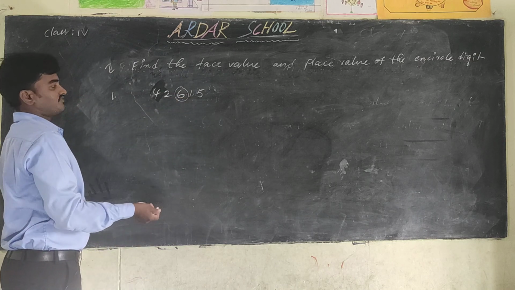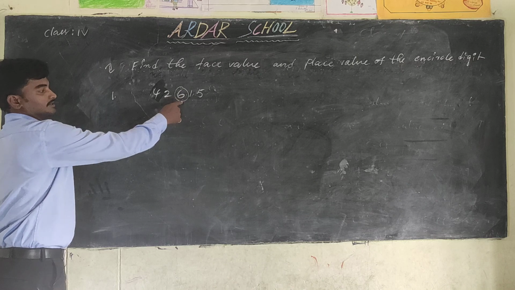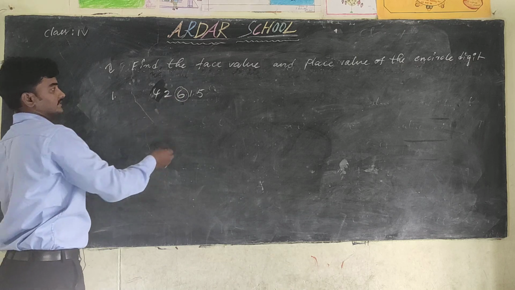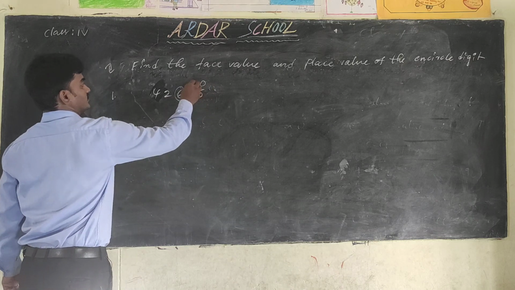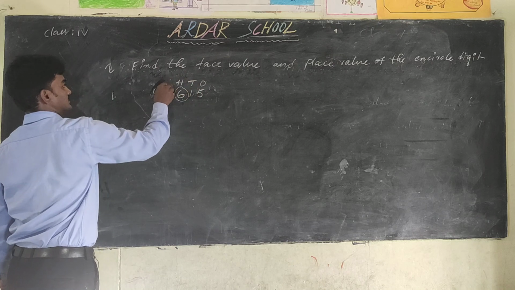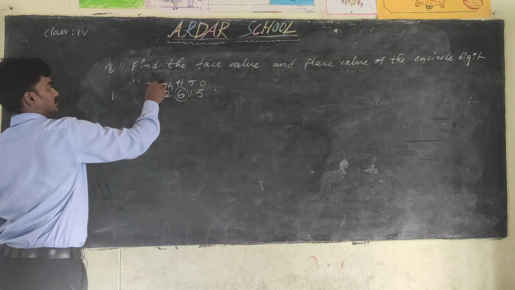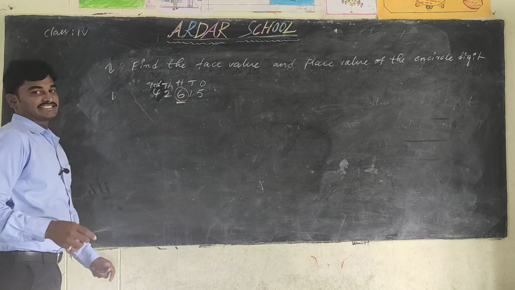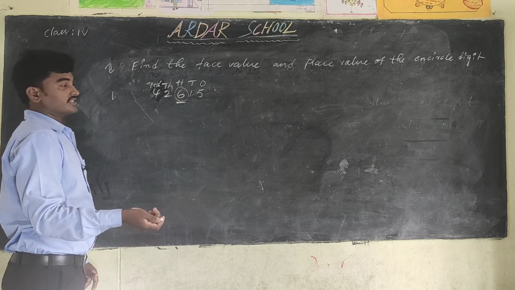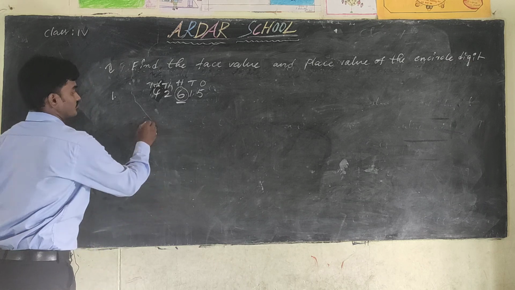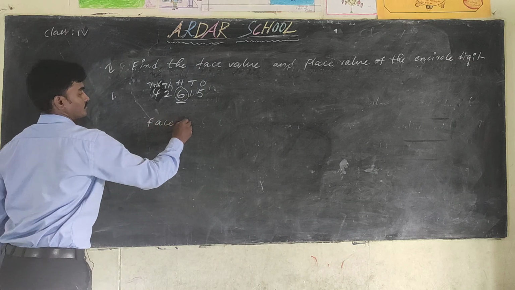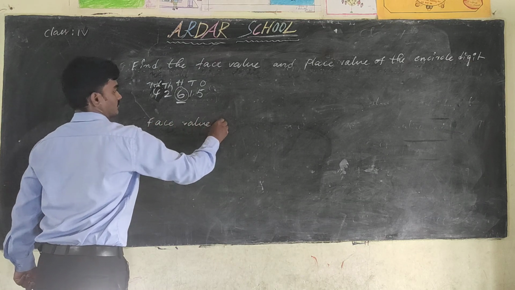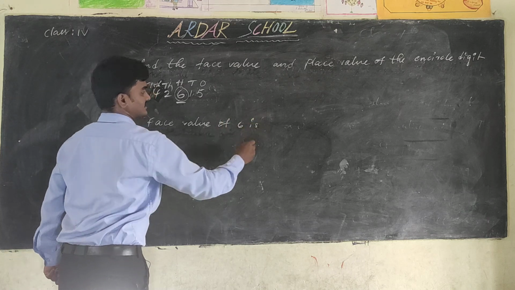So let us see the face value of the 6 and place value of the 6. Ones, tens, hundreds, thousand, 10,000. Right? Now 6 is in hundreds place. The face value of 6 is 6.